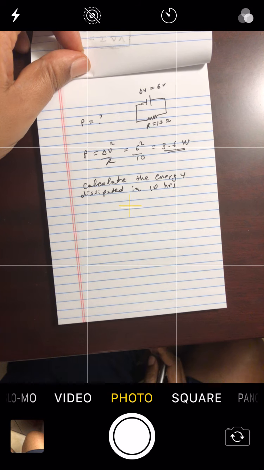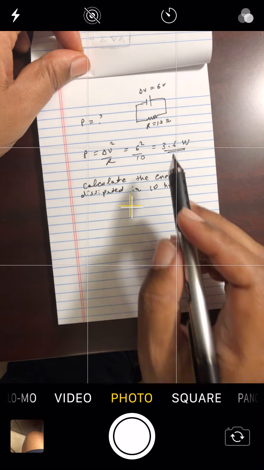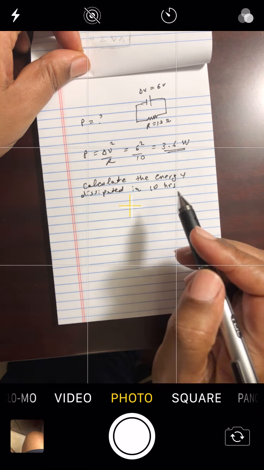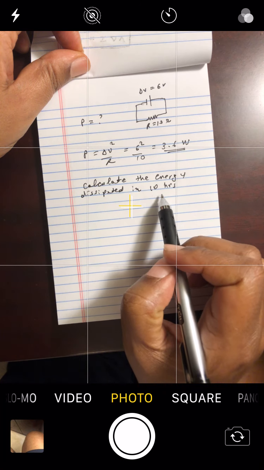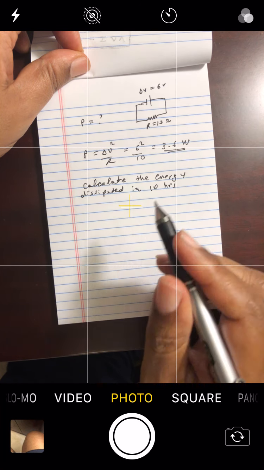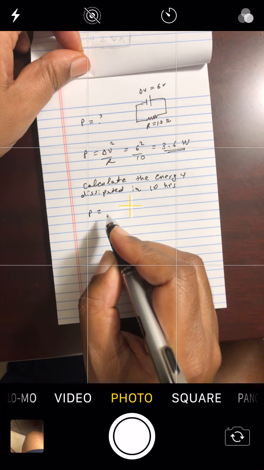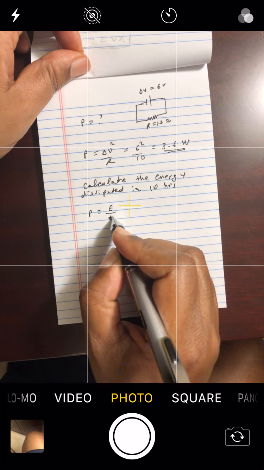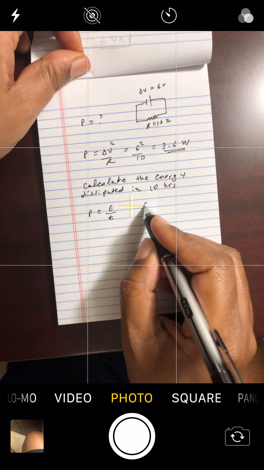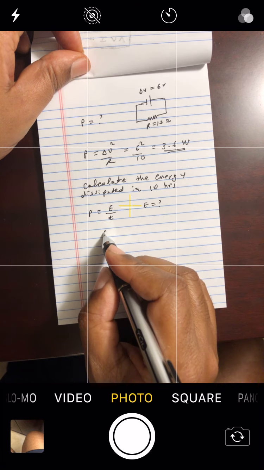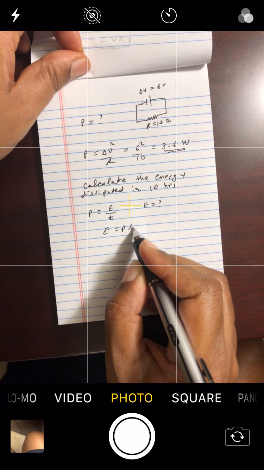Okay, so we have the power is 3.6 watts. Now we want to find the amount of energy dissipated in 10 hours. Remember, power is energy divided by time, so we're being asked for energy, and energy is power times time.